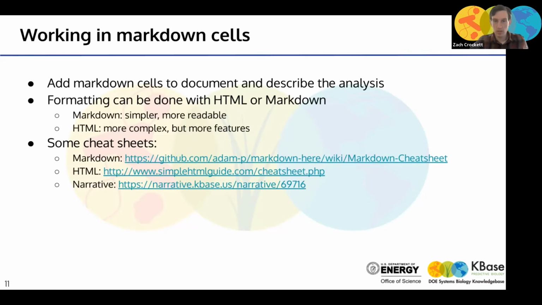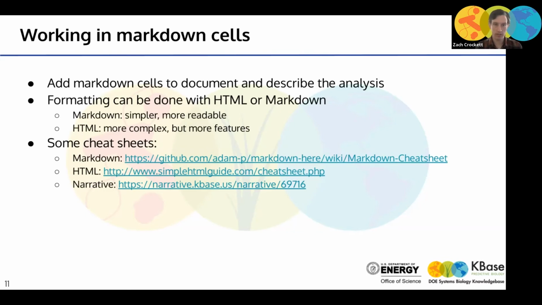So I encourage you to treat it like that and to document everything you do. And to format it, you can use either HTML if you're familiar with it, or Markdown. Markdown's a little bit easier to use, a little bit simpler, but HTML gives you more features.